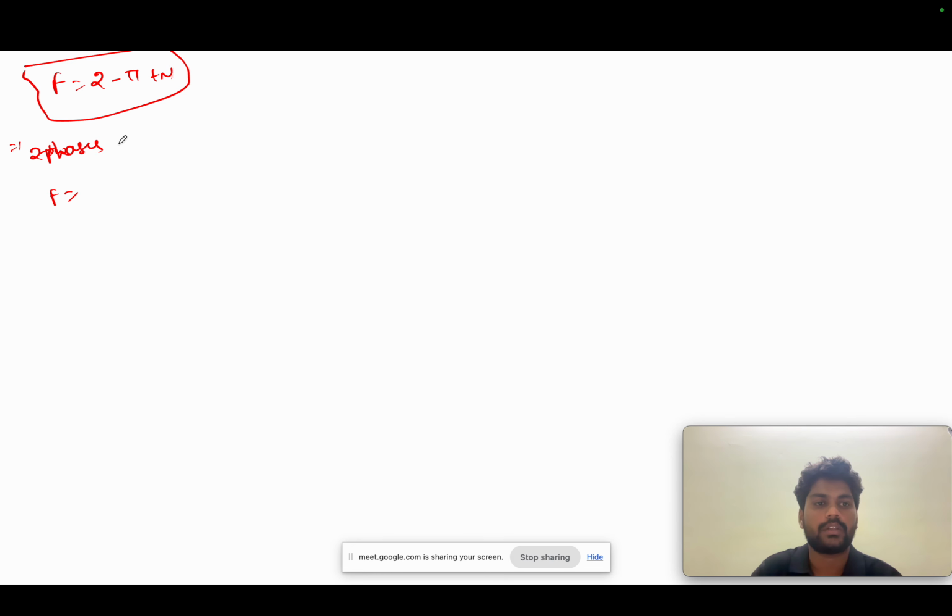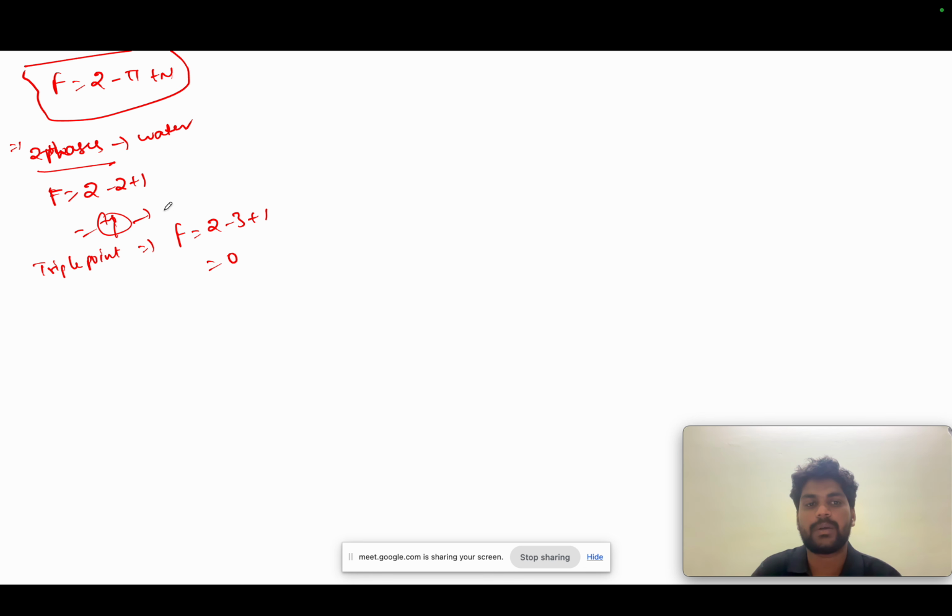So taking the example of water, F equal to 2 minus 2 plus 1, which is 1. If I take the triple point, F equal to 2 minus 3 plus 1, it is 0. This is the two phase region. So in the two phase region, the degree of freedom is 1.